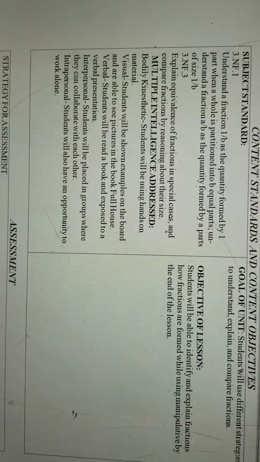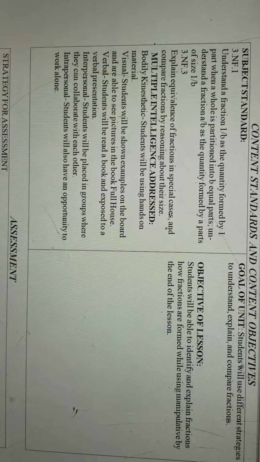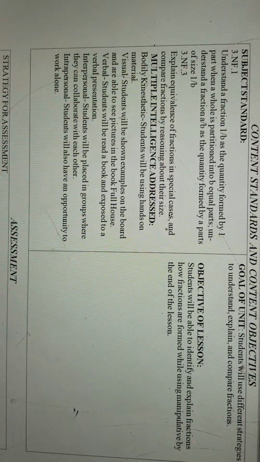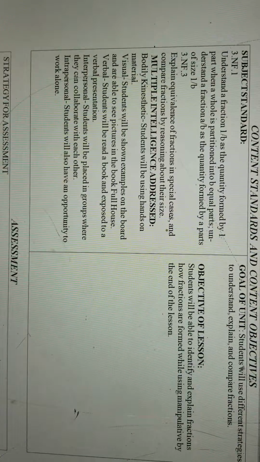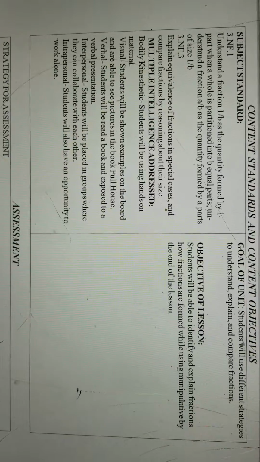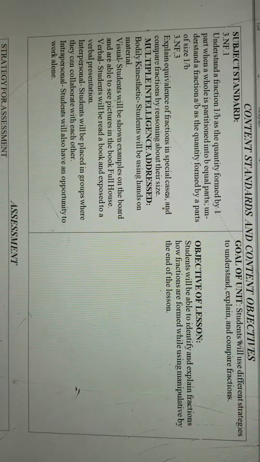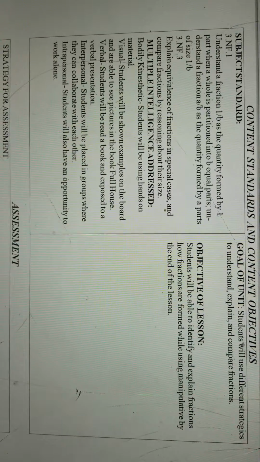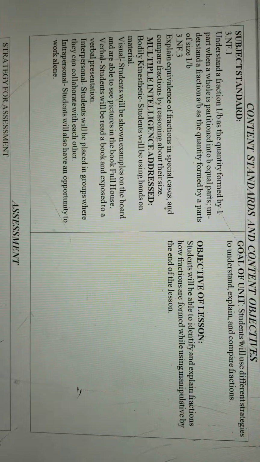Another standard is explain equivalence of fractions in special cases and compare fractions by reasoning about their size. The goal of the unit is students will use different strategies to understand, explain, and compare fractions.